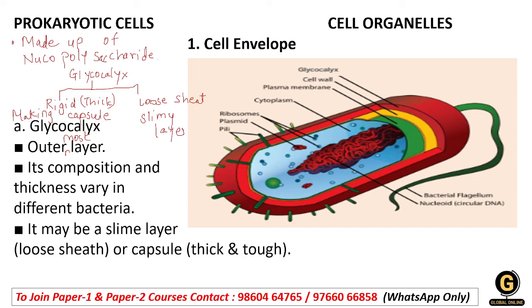Is it clear, students? Glycocalyx is the outermost layer of the prokaryotic cell. It is made up of mucopolysaccharide. Its composition differs and thickness also. If it is rigid and thick, it makes a capsule that is thick and tough. If it is a loose sheet, it is called a slimy layer.